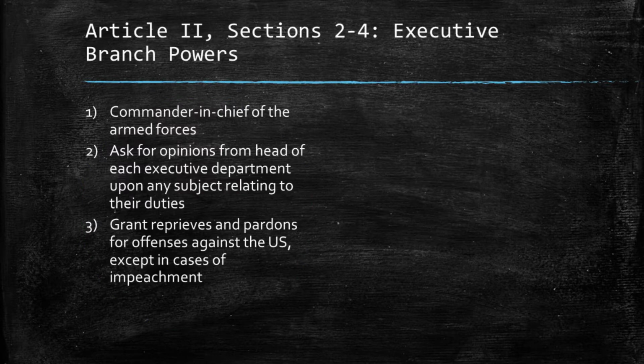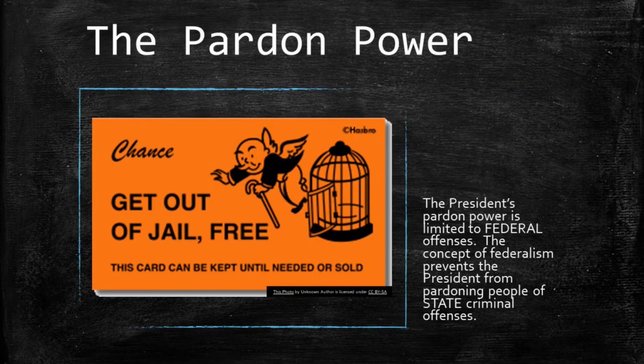The president also has the power to grant reprieves and pardons for offenses against the United States, except in cases of impeachment. So if anybody is convicted of a United States crime, a crime against the United States, the president has the power to pardon that person or to suspend or essentially cancel their sentence.